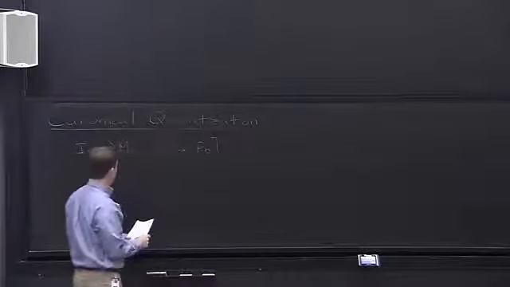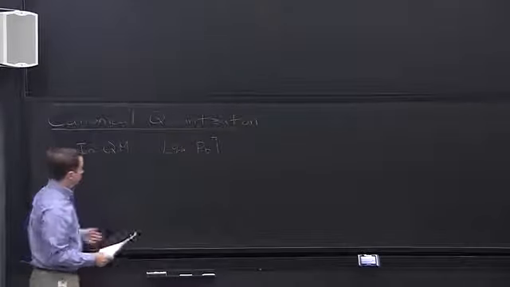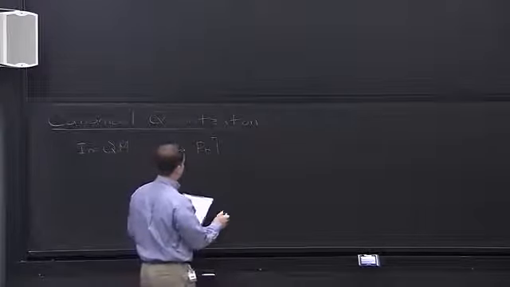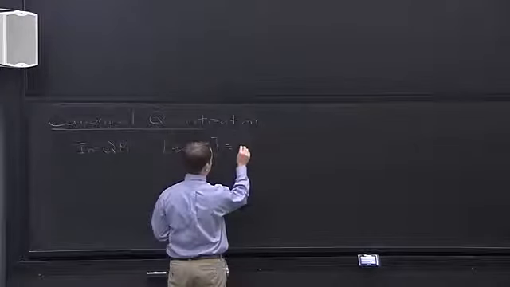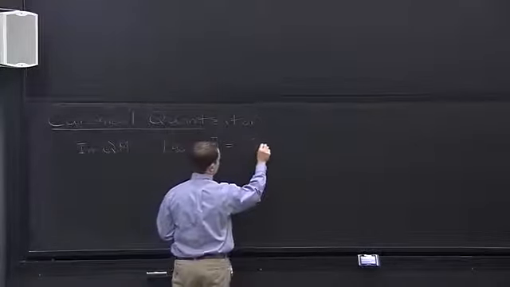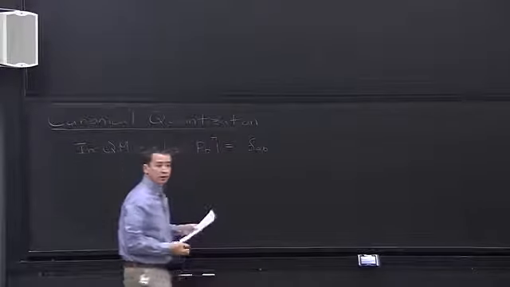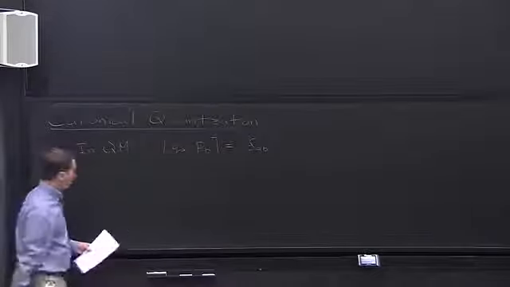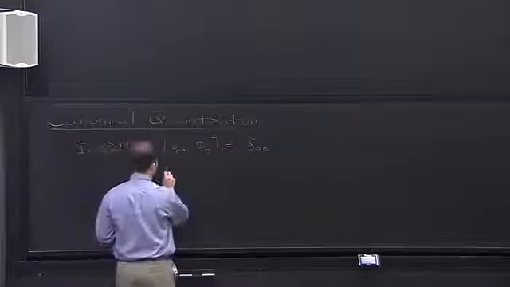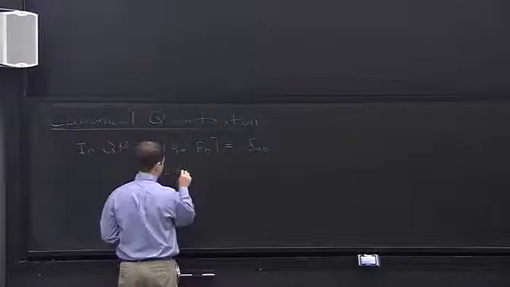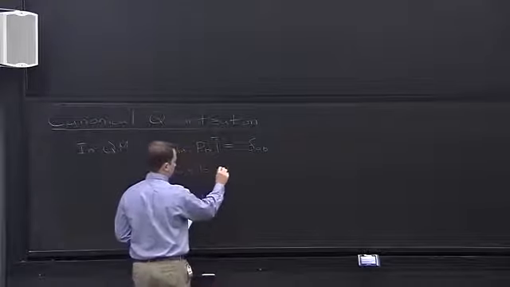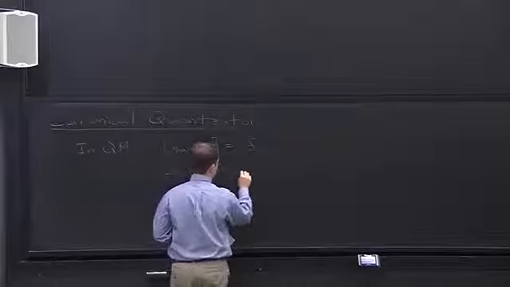Then the standard procedure is to impose the commutation relation that the commutator of q_a with p_b is i delta_ab. So remember, we're using natural units where h bar and also c are 1. And similarly, we want to impose the commutation relations that q_a with q_b is 0, as is p_a with p_b.